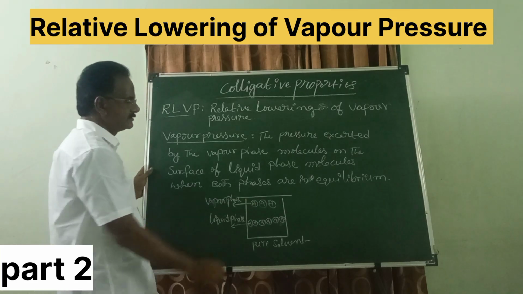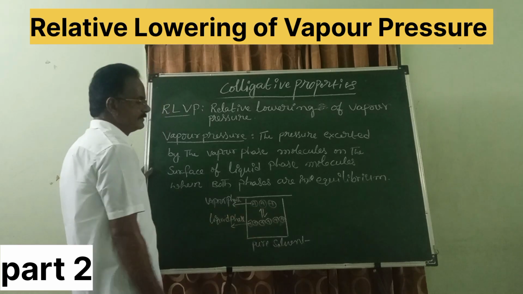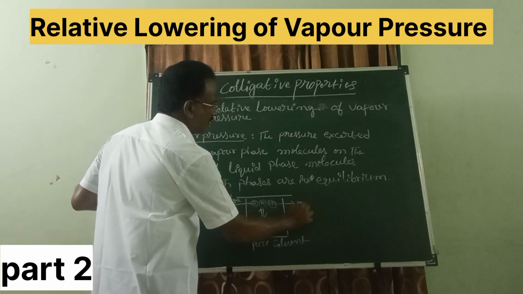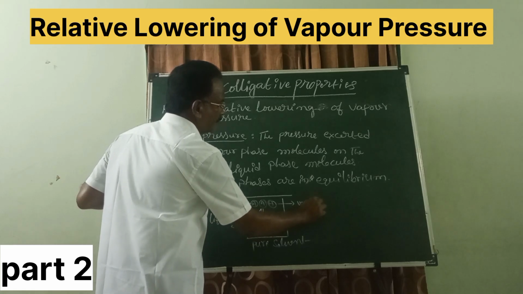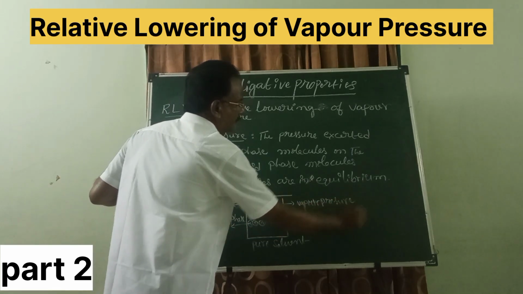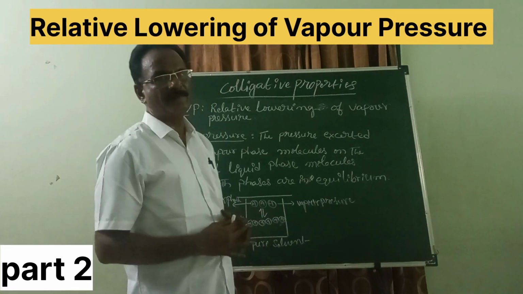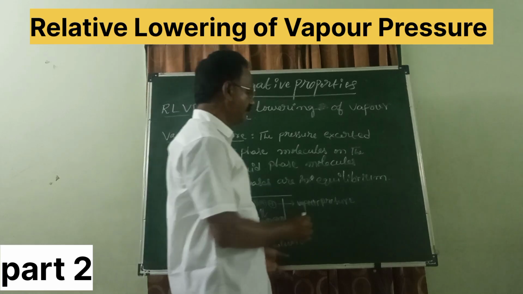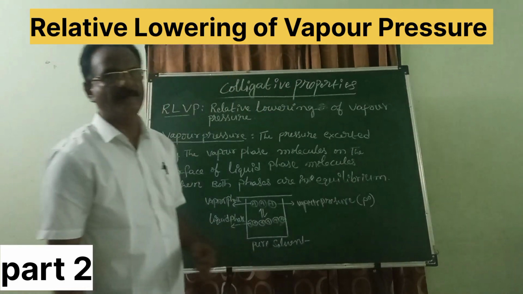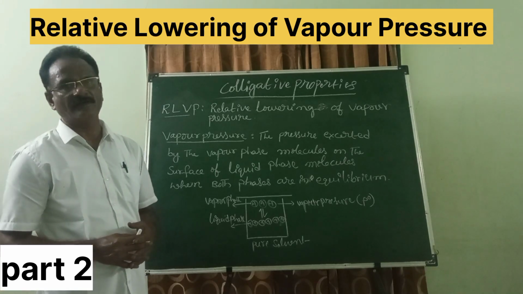Here, when both phases are in equilibrium, these molecules are responsible for vapor pressure. The vapor pressure of pure solvent is represented as P naught.